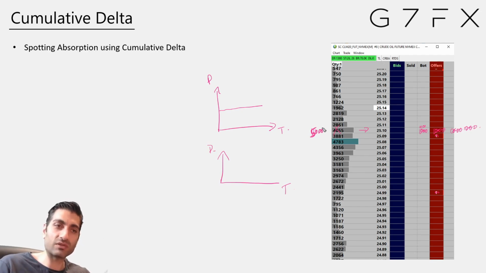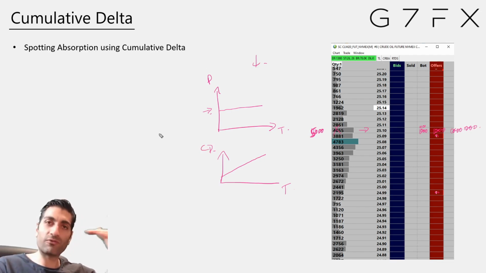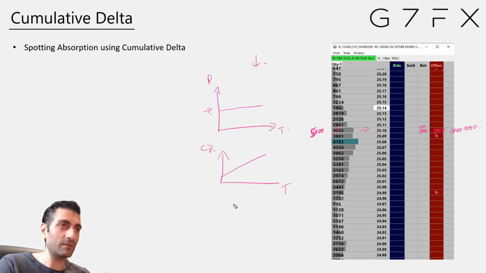It's 1,000 plus 1,000 is 2,000, plus 1,000 is 3,000, 4,000, 5,000. It's going up. Price is flat, cumulative delta is going higher as market orders print. Guys, that's absorption: cumulative delta rising while price is flat.